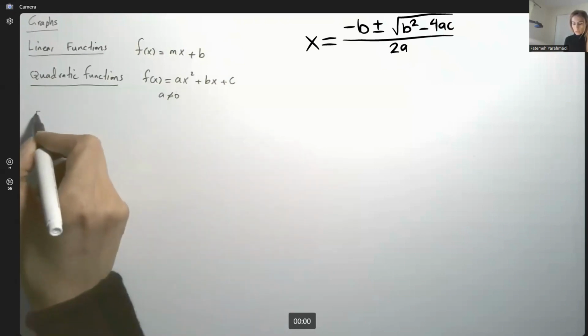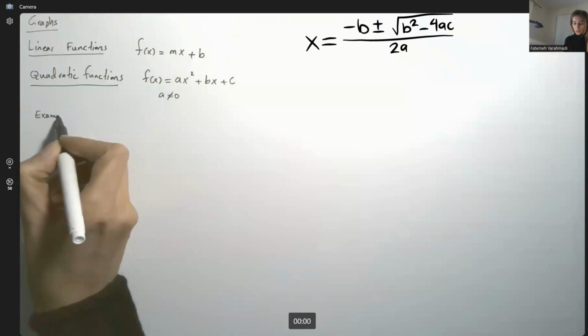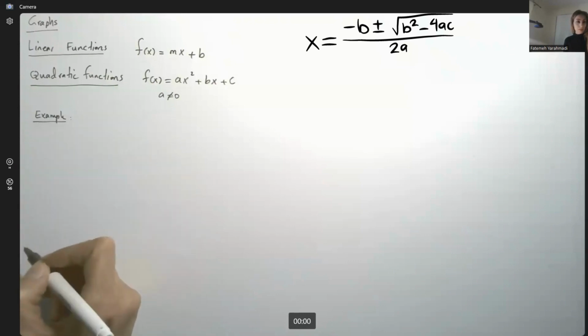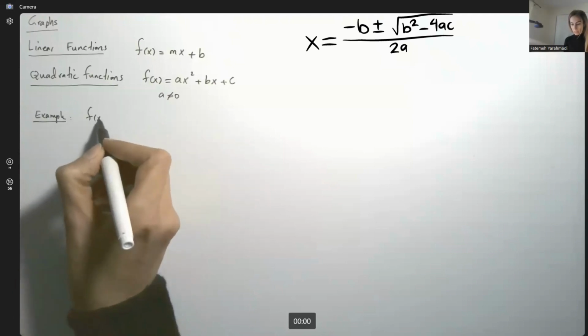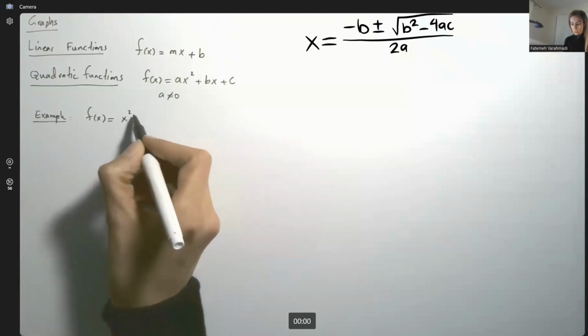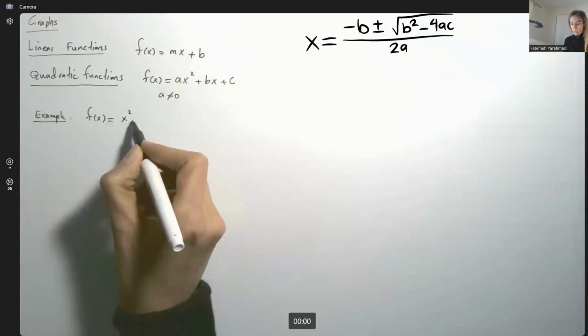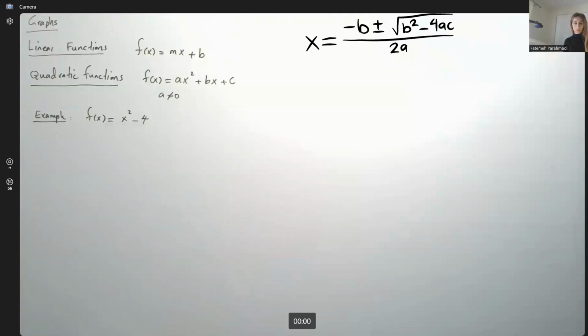So let us go over one example and show you how to find the x-intercept and y-intercept of a quadratic function. f of x is equal to, I'm going to give you a very easy example, x squared minus 4.